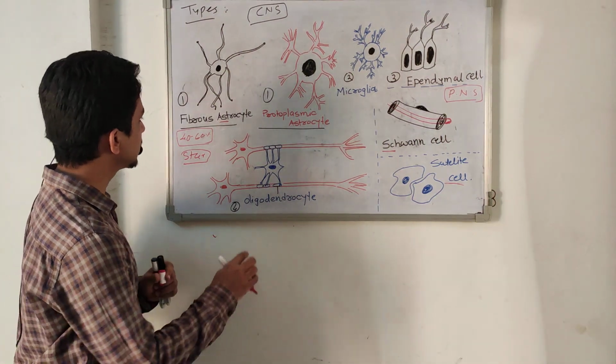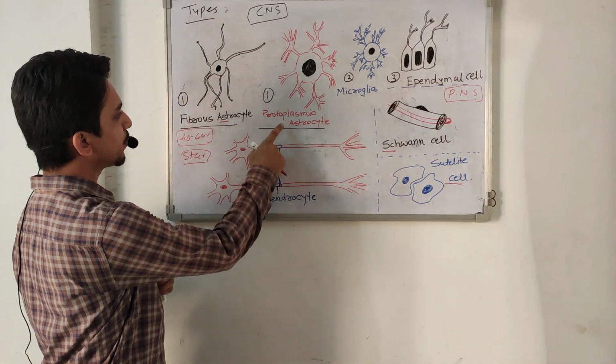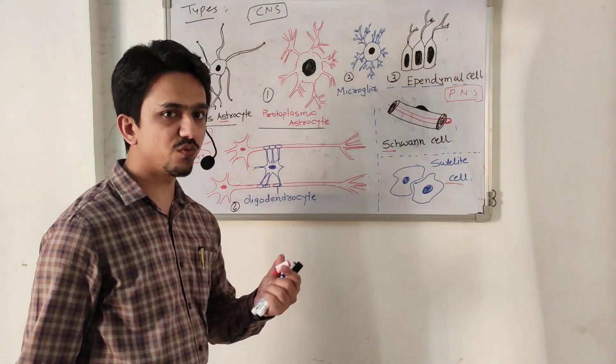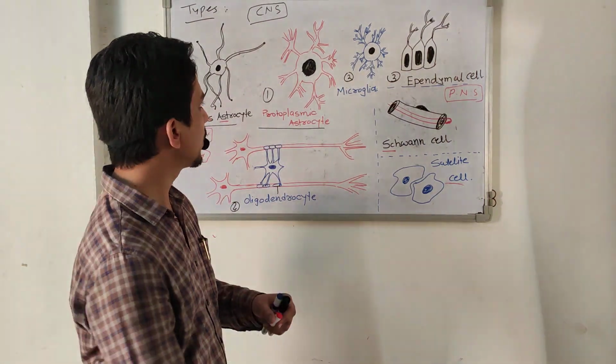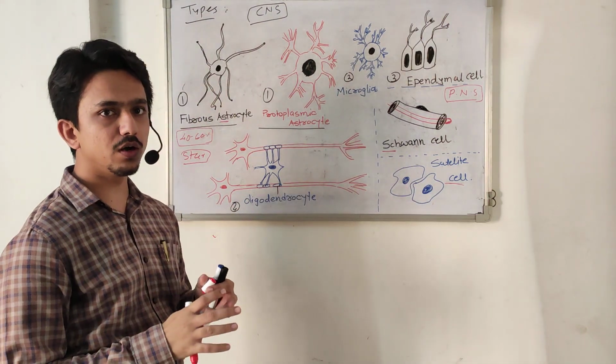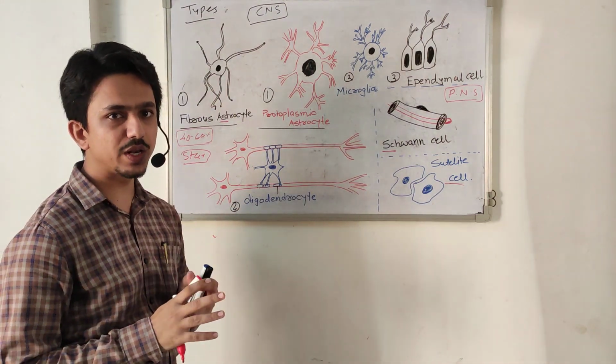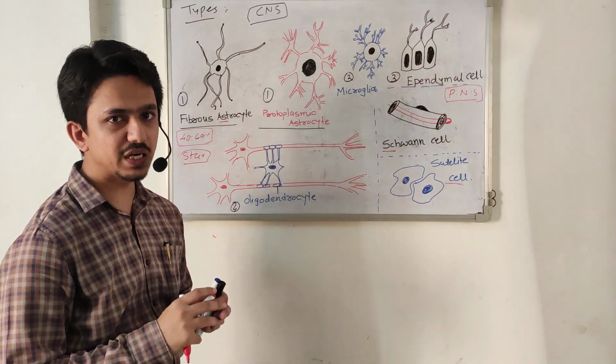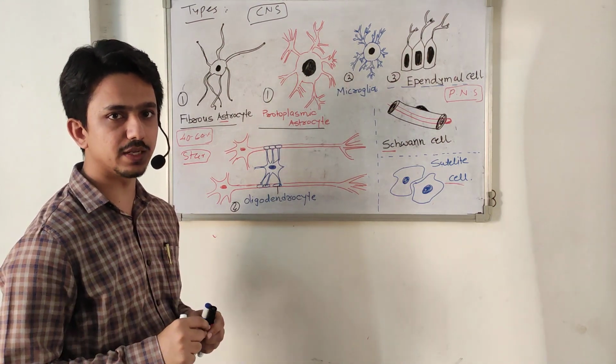Basically astrocytes are of two types, fibrous and protoplasmic. What is the difference between fibrous and protoplasmic? Protoplasmic astrocytes have very much branching, they are very much divided, but these branches are small in size.